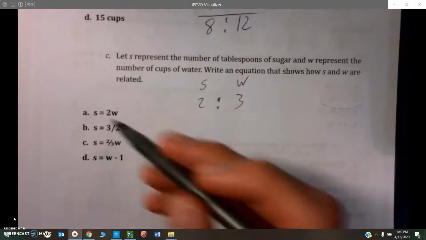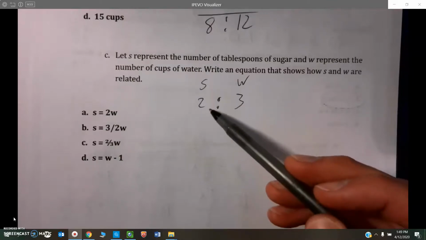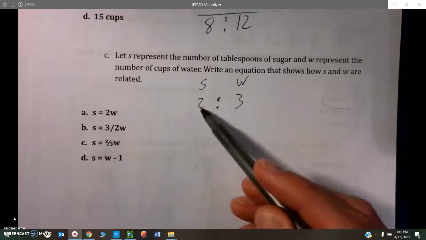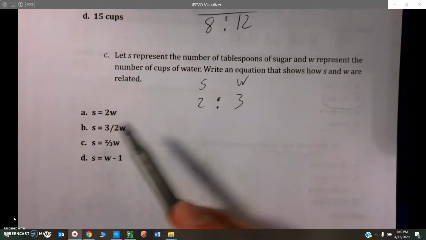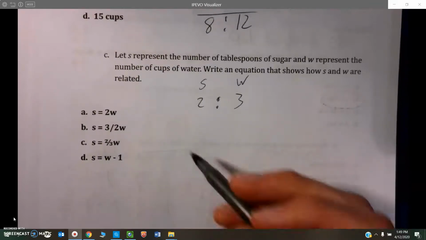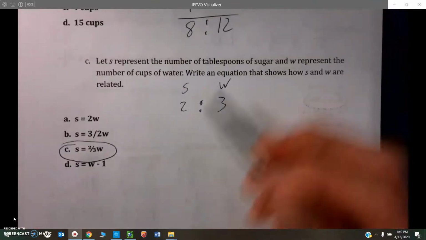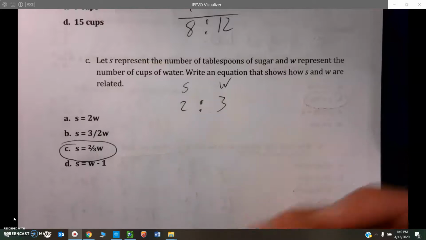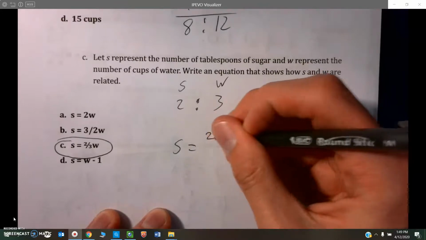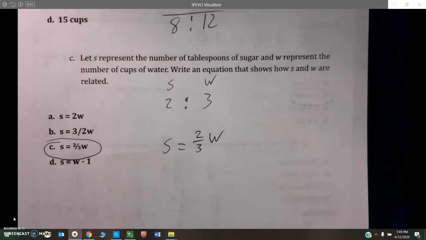And so if I wanted to find out how much sugar to use for a given amount of water, I would have to multiply the amount of water I used by 2/3. So do any of them do that? C does. Okay, because remember, ratios and fractions are really similar. And so let's plug in and see if this works. So my amount of sugar will always be 2/3 of what my water is, is what this is saying.